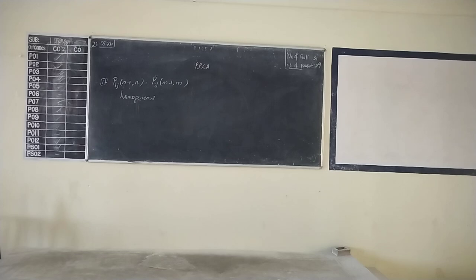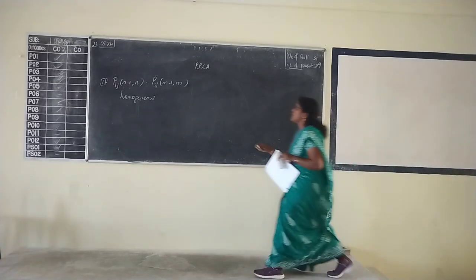Continue. Next one now. When the Markov chain is homogeneous, the one step transition probability is denoted by capital P suffix ij.